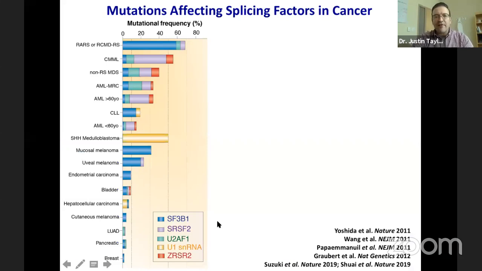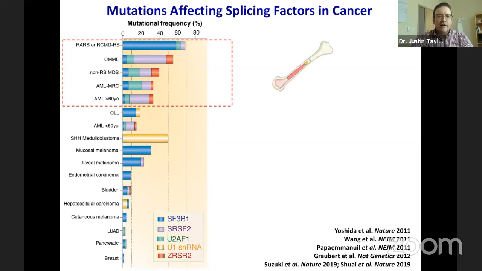So, just some background on splicing factor mutations in cancer, something I've studied in the Omar Abdel-Wahab lab at Memorial Sloan Kettering Cancer Center for many years. These were identified about a decade ago, in 2011, occurring mainly in myeloid malignancies, so arising from bone marrow.